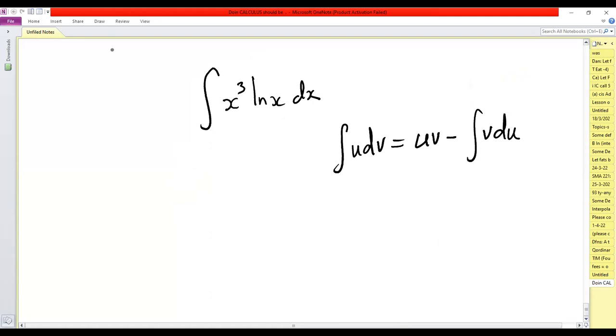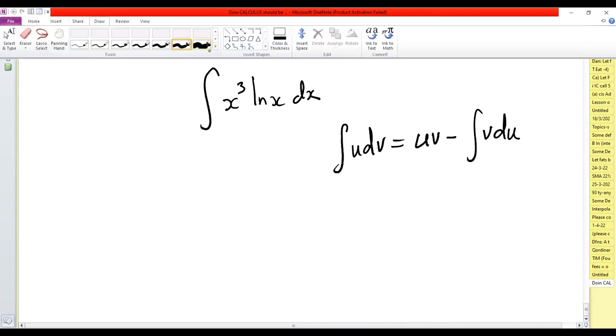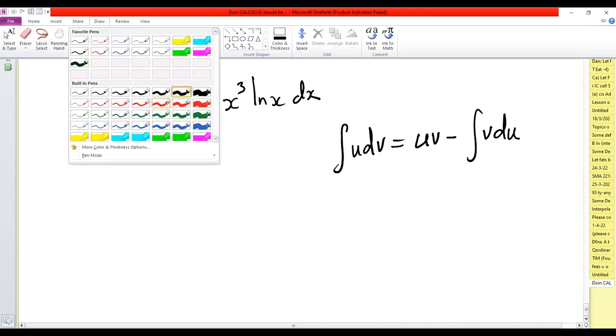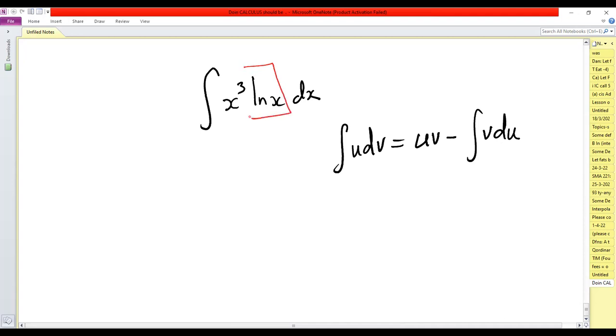In this case, the correct choice of u is ln of x, and x cubed dx will form the dv. So let u be ln of x, and dv is the remaining part, x cubed dx.